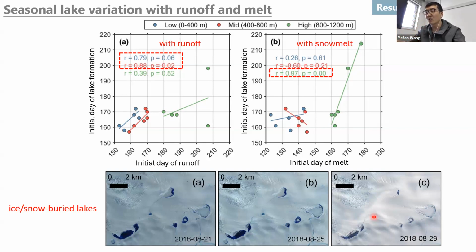So I think that is one reason why in the high elevation areas, the initial day of lake formation is correlated with the initial day of melt, but in the middle and low elevation areas, it is more correlated with the runoff.